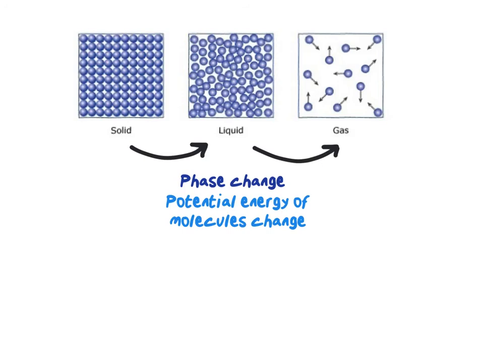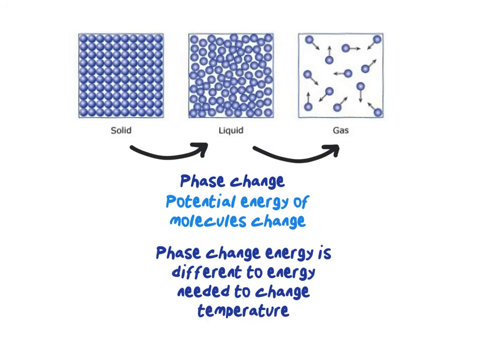And it turns out that this amount of energy is separate and in excess of the amount of energy that would be needed just to change the temperature. Now, in addition, we find that there is no temperature change during one of these phase changes. So in other words, the heat that is going into the system is not going in to change the temperature of the substance, but rather to change the phase.